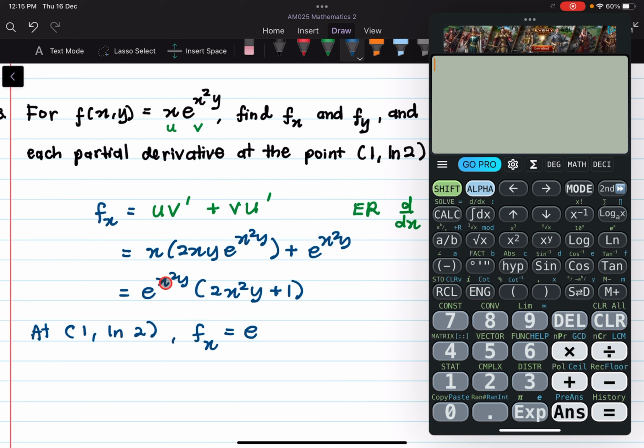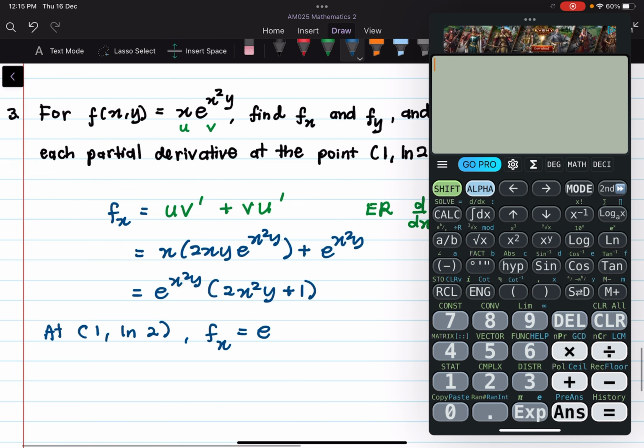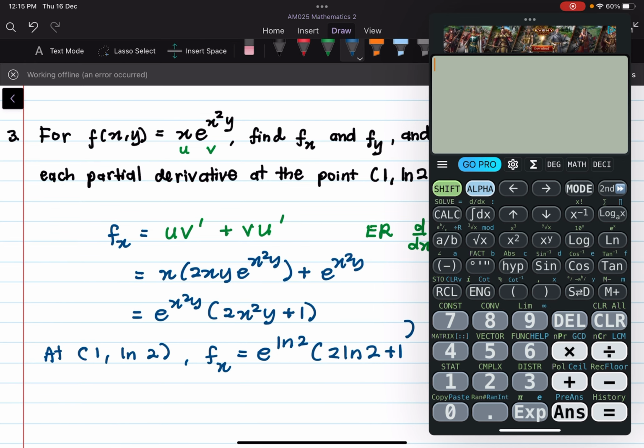So 1 squared is 1, times y, which is ln 2, times 2 times 1 squared times ln 2, which is 2 ln 2, plus 1.